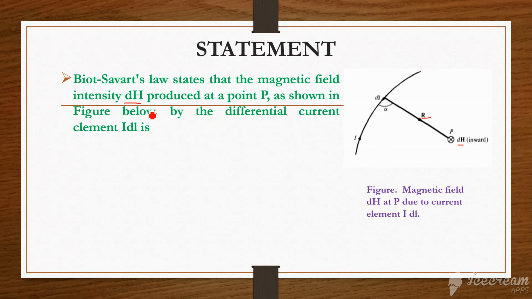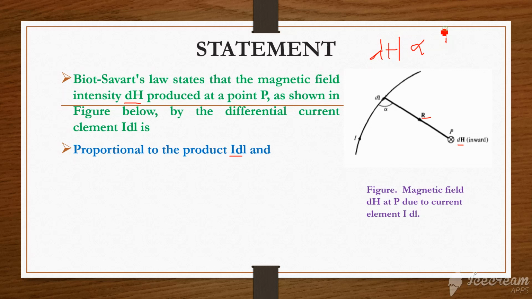Then the dH due to the differential current element IDL is proportional to the product IDL. That is, dH is proportional to IDL. This is the first one.